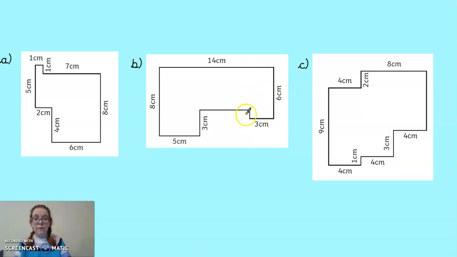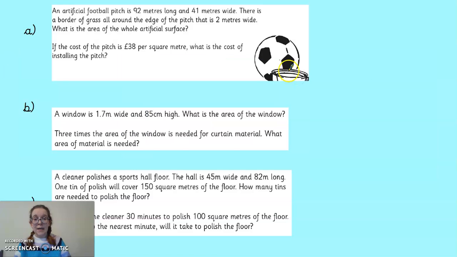Double check that you are finding the lengths of the whole rectangle before you start adding the bits together. And then finally, I've got 3 word questions for you. This one in particular is our challenge for you today. Can you highlight the important information and find that out using your area knowledge?